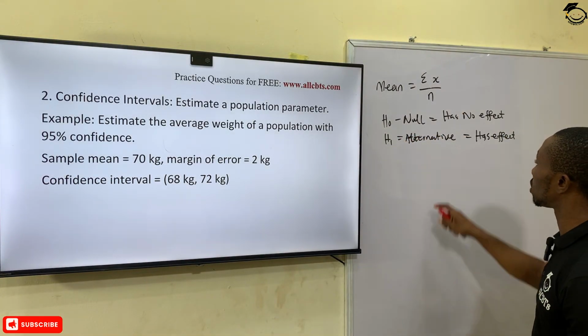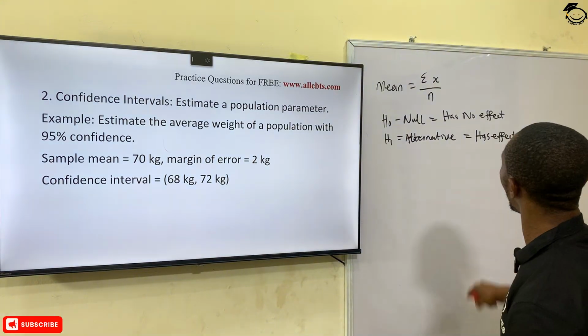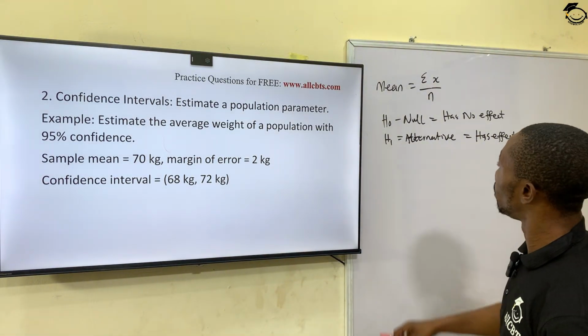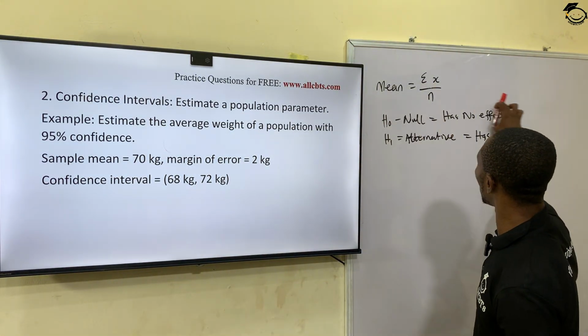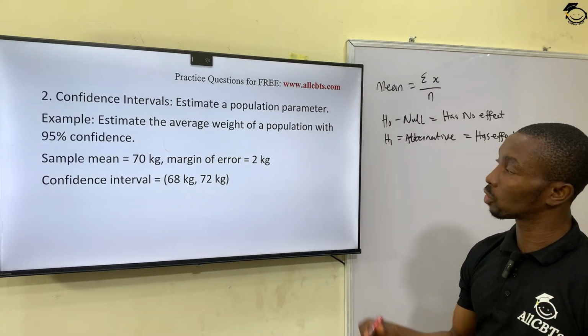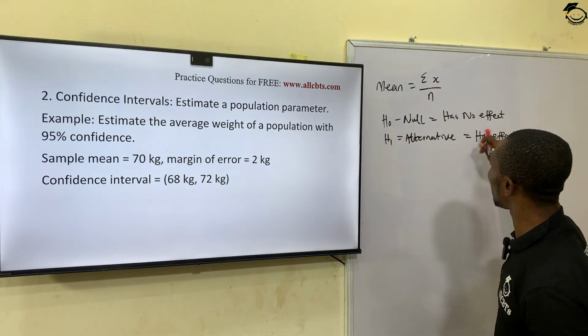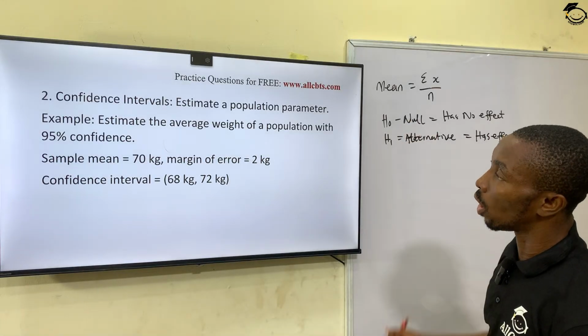And our H1, which is our alternative hypothesis, has effect. So you base this on, if it has no effect, what's the outcome? And if it has an effect, what's the outcome? So you check on the two.